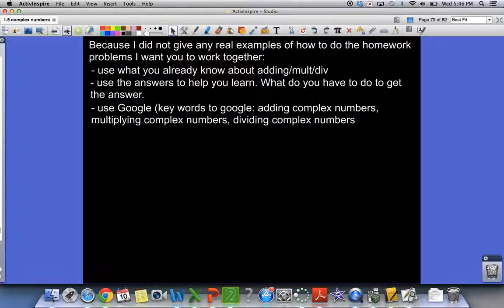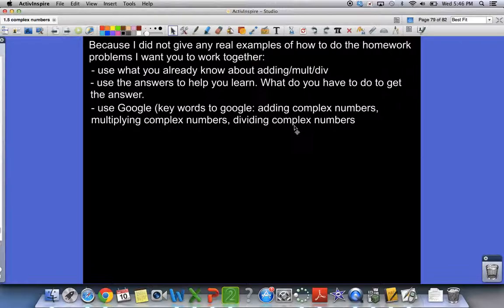You can always Google. Go to Google, use the keywords adding complex numbers or multiplying complex numbers or dividing complex numbers. Here's a hint. Mathematicians don't like an imaginary number in the denominator because they don't know how to divide that by hand. Kind of the same rules as radicals.